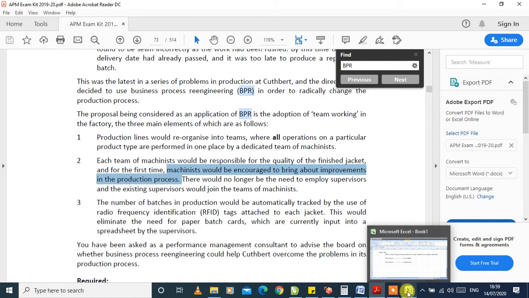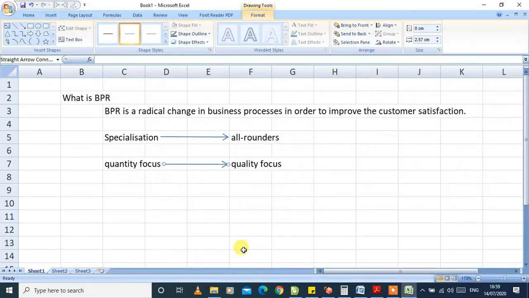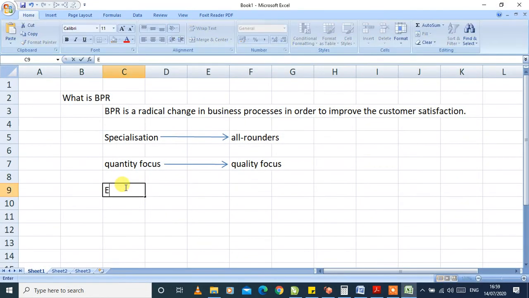So something like that, right? So another point this BPR is bringing up is encouraging employees, particularly machinists, encouraging machinists to give ideas. So this is going to motivate them. Point number one, so they will work harder hereafter because they feel like they are recognized, they are valued.